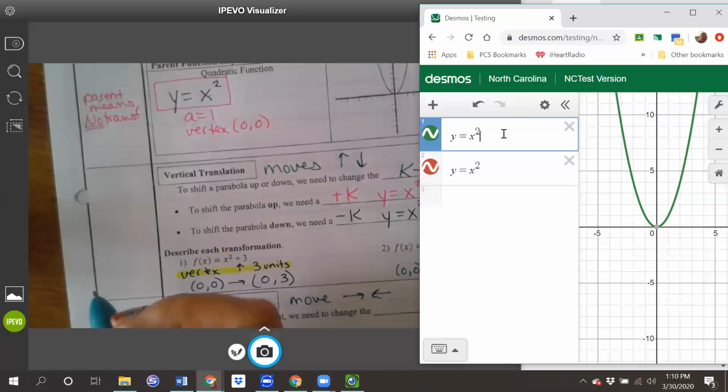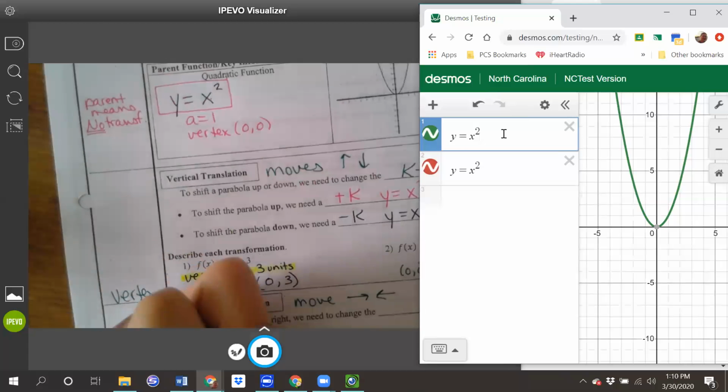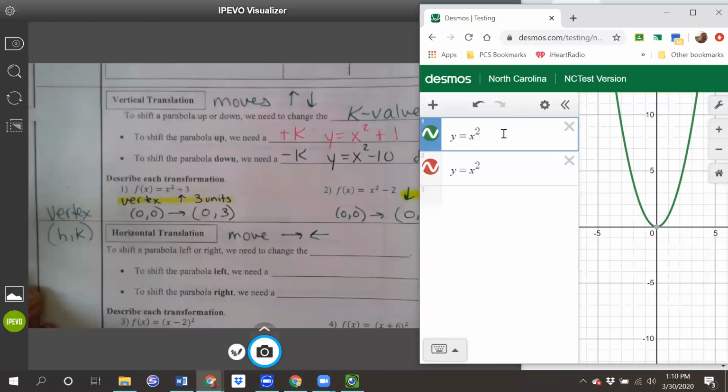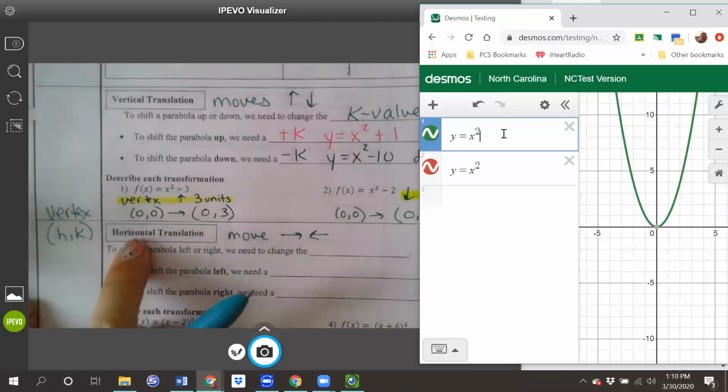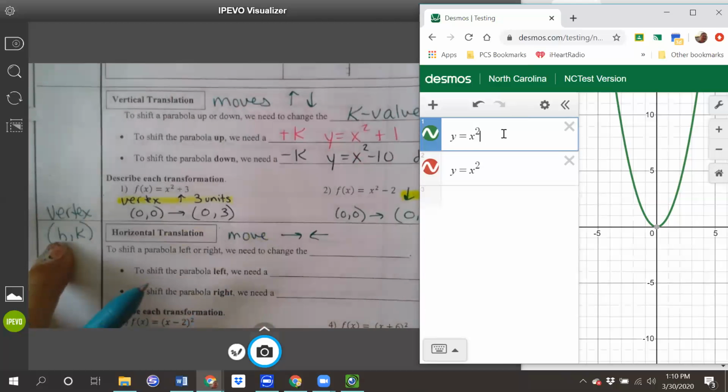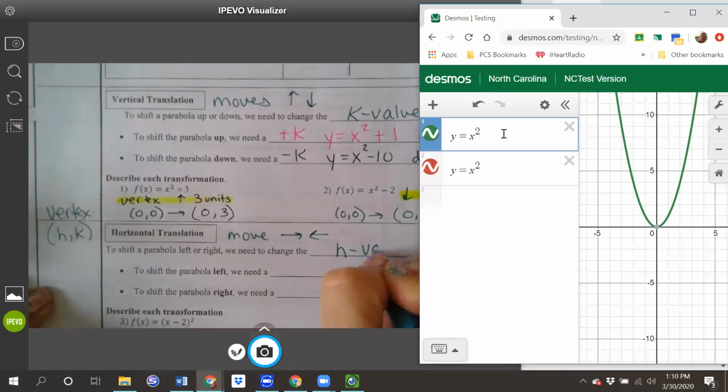And remember that the vertex is at h, k. So in order to get a horizontal translation, we need to move the x value, which means that we need to be changing the h value.